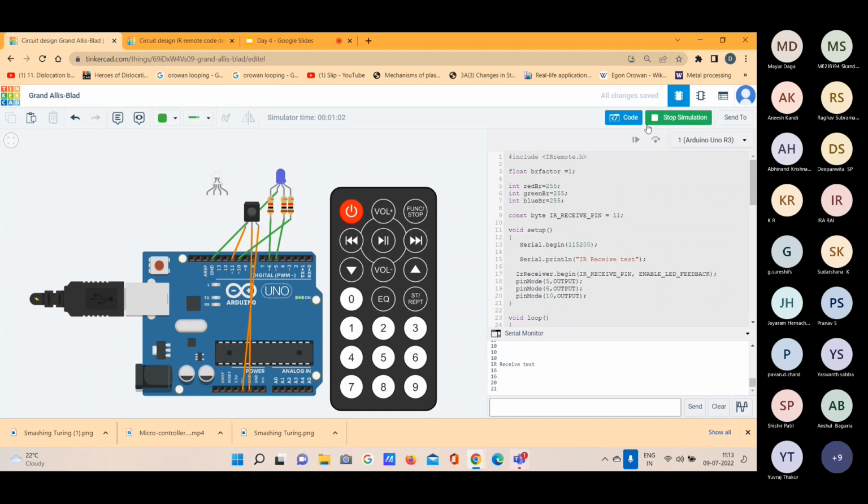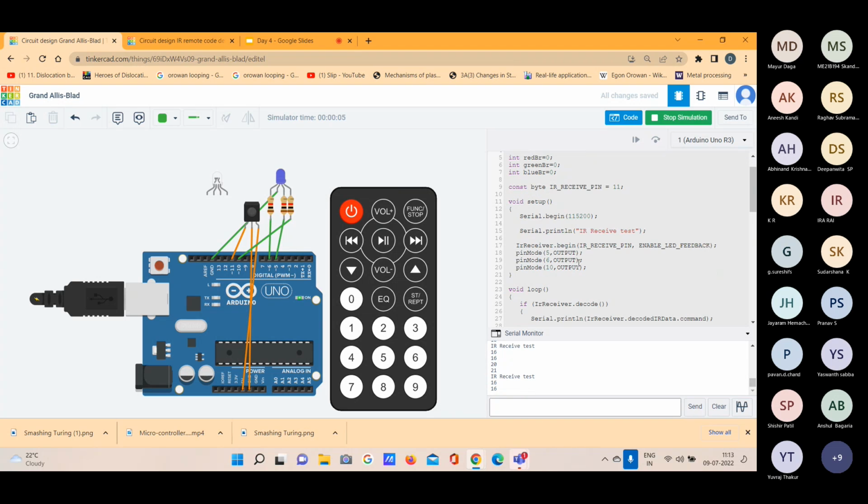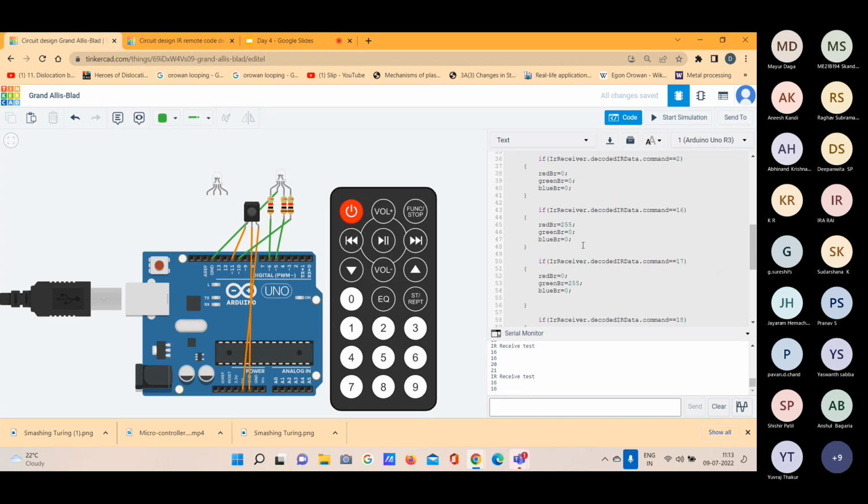So if I make it 0 here, let's try. Initializing it with 0, then it will print nothing, even if I press something. Oh, it's printing. Sorry, because we have initialized it.